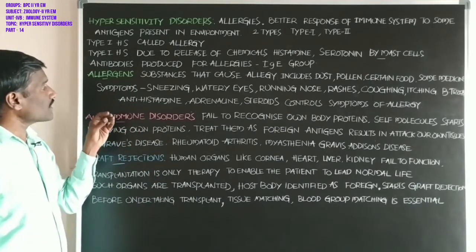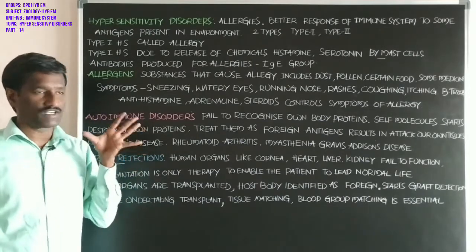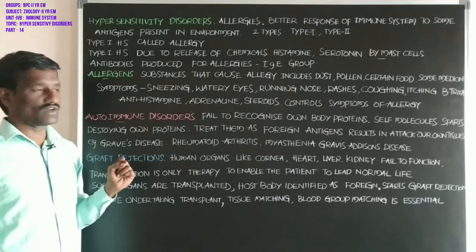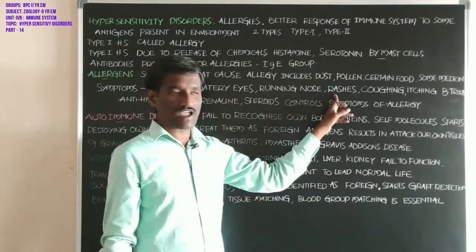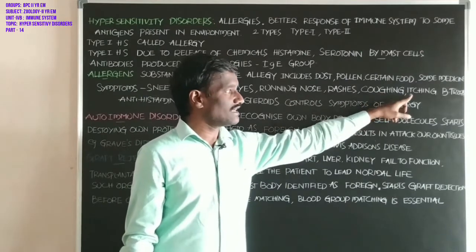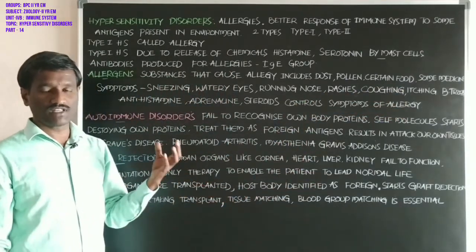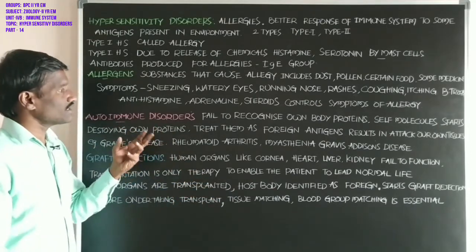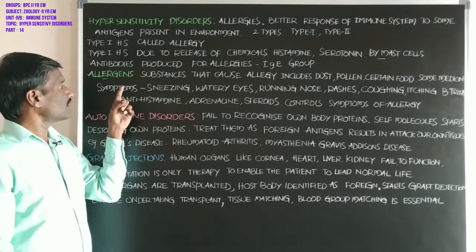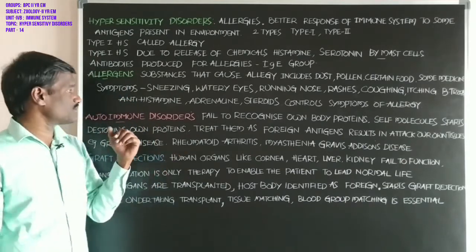And what are the symptoms that appear in type 1 hypersensitivity? Sneezing, watery eyes, running nose, skin rashes, coughing, itching, and breathing troubles. These are certain symptoms in type 1 hypersensitivity or allergy.